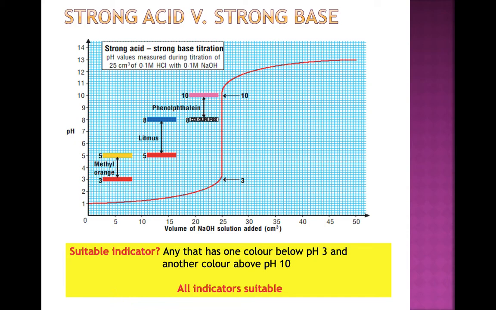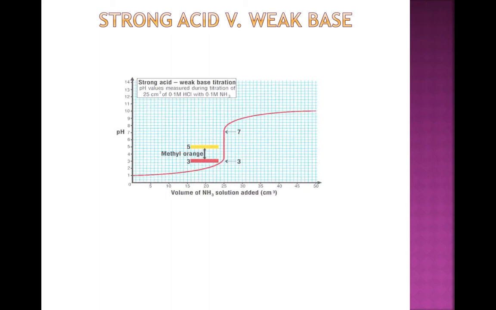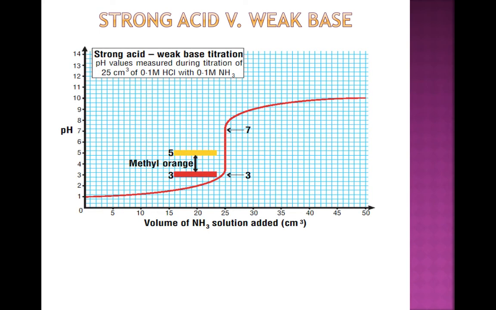So a suitable indicator for this is any that has one colour below pH 3 and a different colour above pH 10, which means any of the 3: methyl orange, litmus or phenolphthalein. Now if we change that up a bit and look at a strong acid versus a weak base, our example would again be hydrochloric acid, but in this case we're adding 0.1 molar ammonia into it.